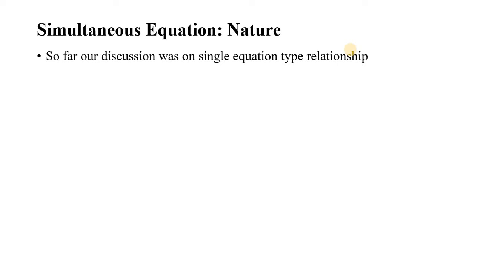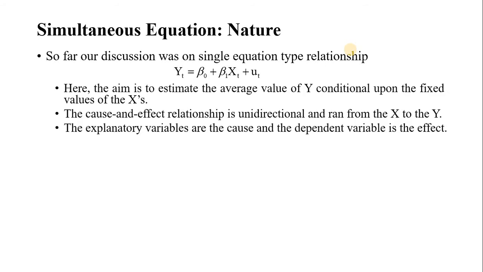Y is a function of x: Y is equal to beta 0 plus beta 1 x plus u. This is what is called a single equation model. Consumption is a function of income, a single equation model. In this model, our aim was to estimate the average value of y conditional upon the fixed values of x.